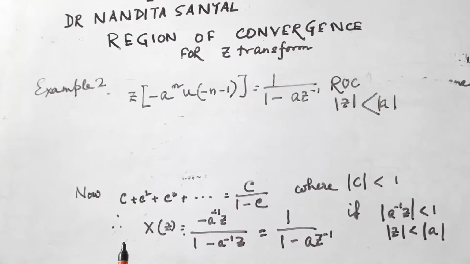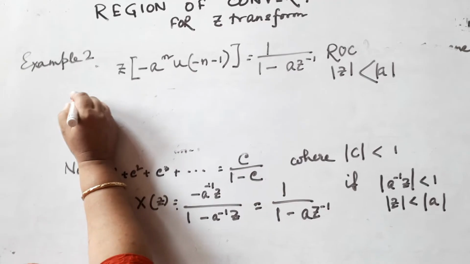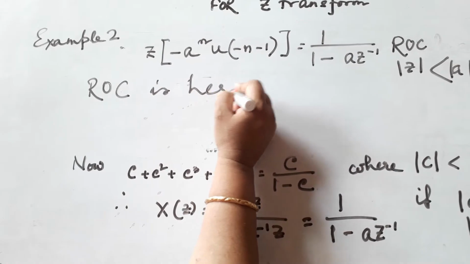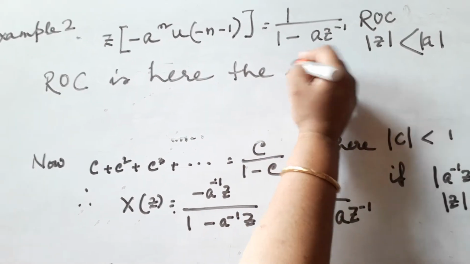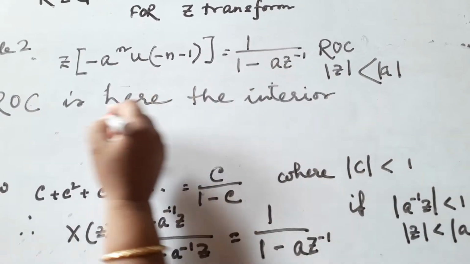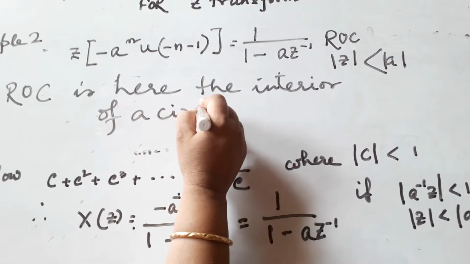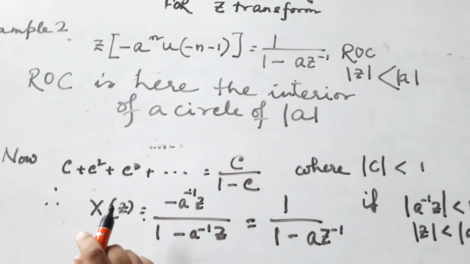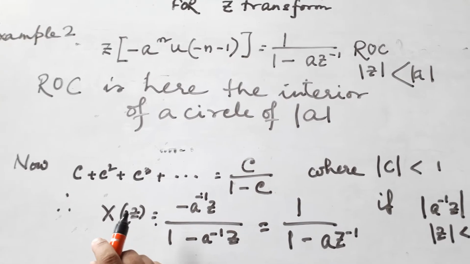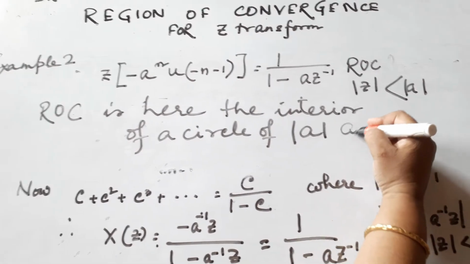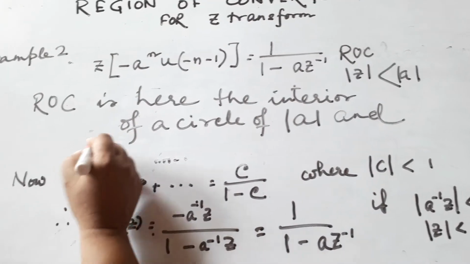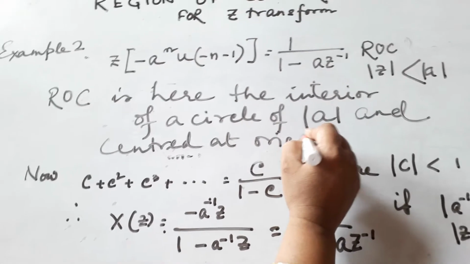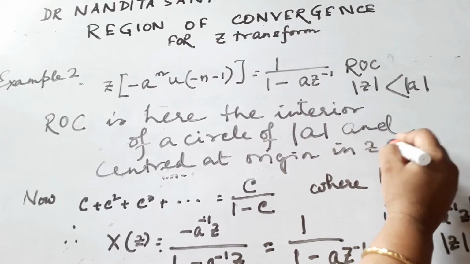The ROC is here the interior of a circle of radius mod a, centered at origin in the z plane.